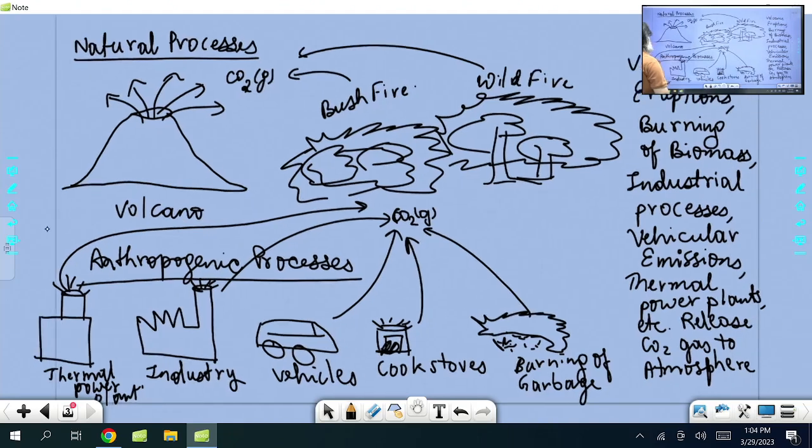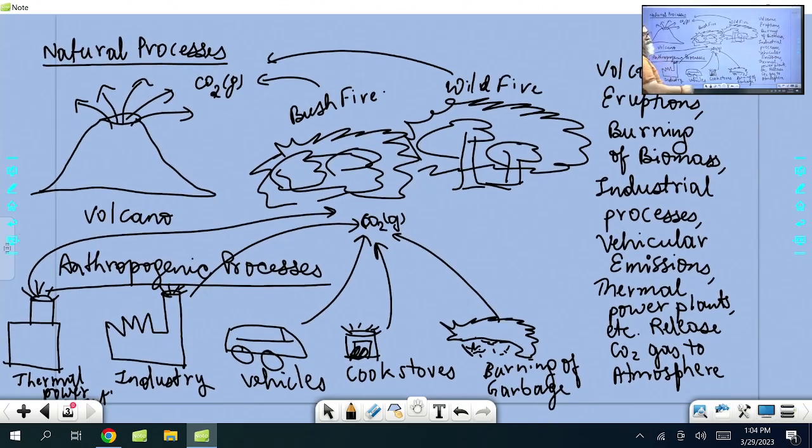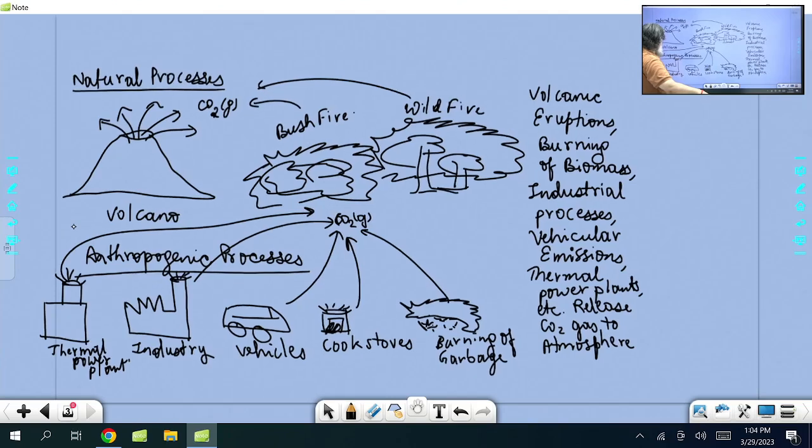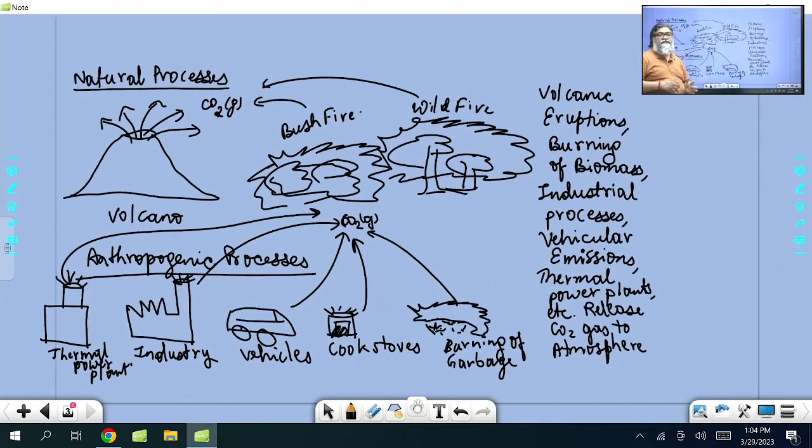It becomes a part of the atmosphere again. Again this is short term. What I am discussing here is a short term part of the carbon cycle. This is the way the carbon gets circulated. It becomes a part of the environment there. All right.